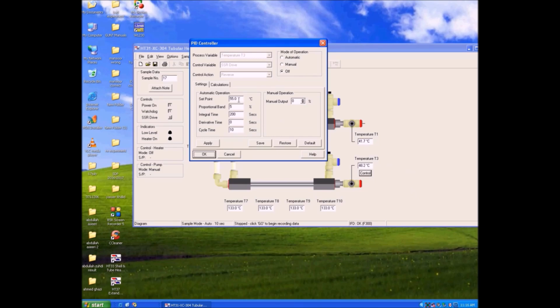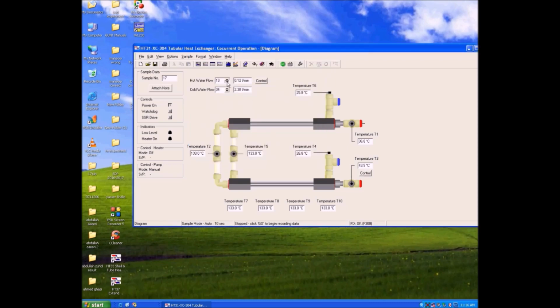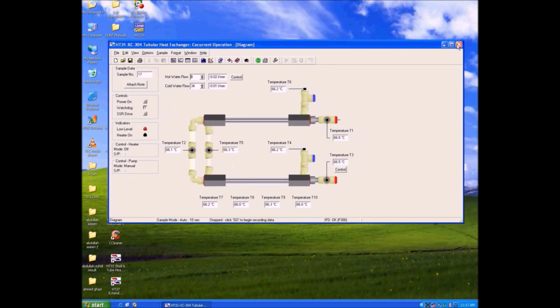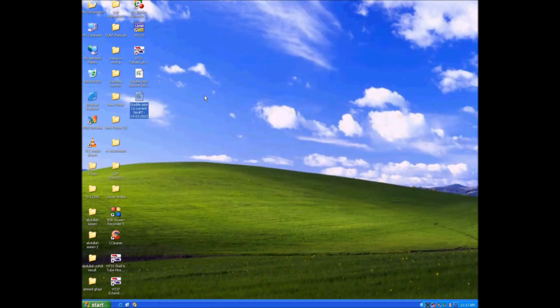Now the hot water inlet temperature will start dropping because the heater is off. We need to decrease the hot water flow rate slowly and manually close the cold water flow from the water tap. And now make the power off. We are going to close the water manually from the pipeline tap. Now power off.